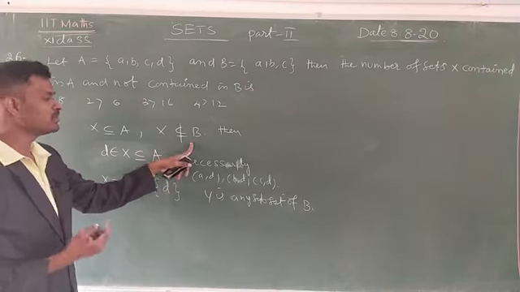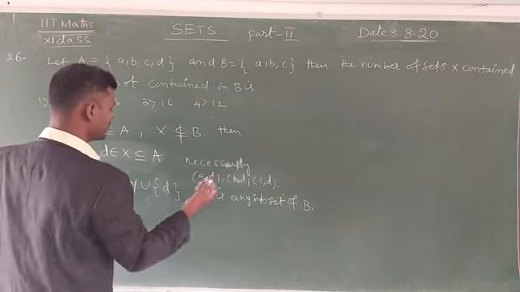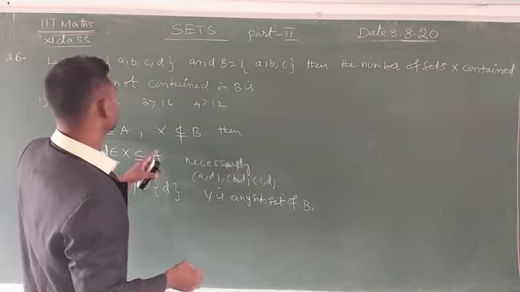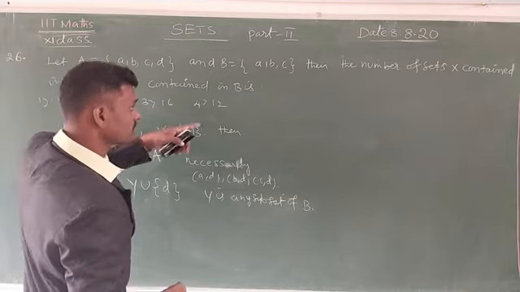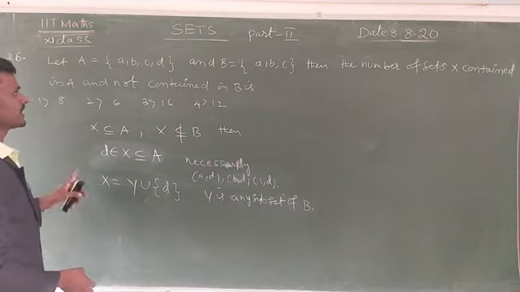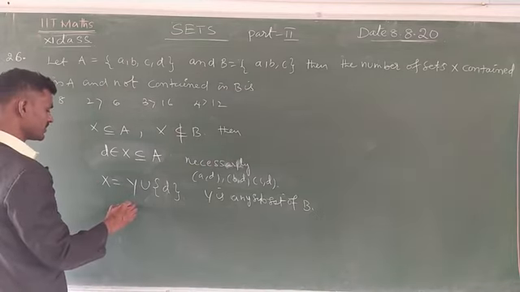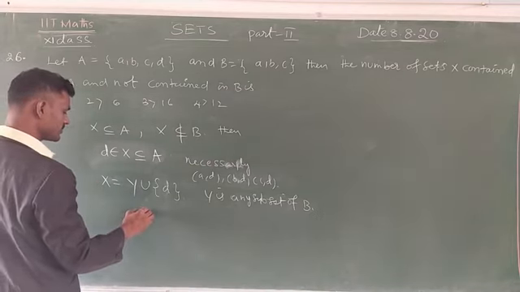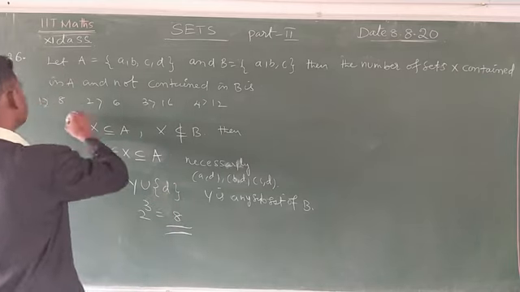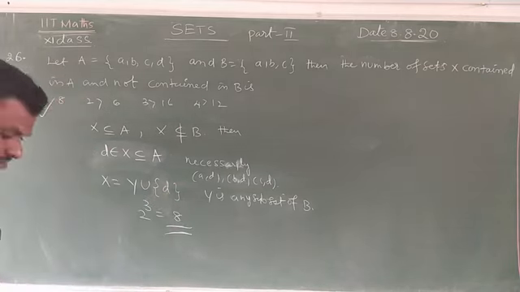Then here total how many elements are there? Only 3 elements. That's why the number of sets X contained in A and not contained in B means 3 elements, so the number of subsets of B is 2 power 3, that is 8. Here 8 subsets. Note down.